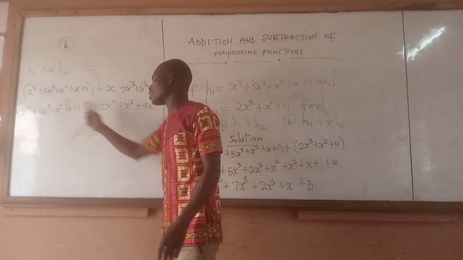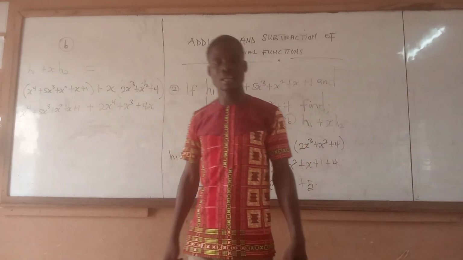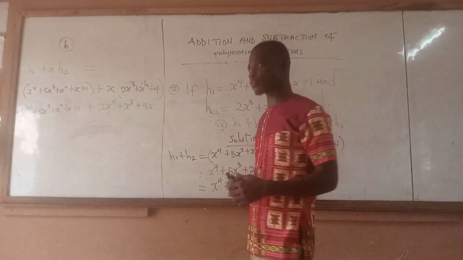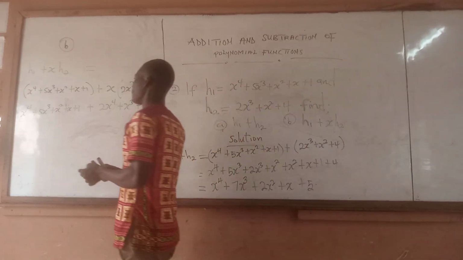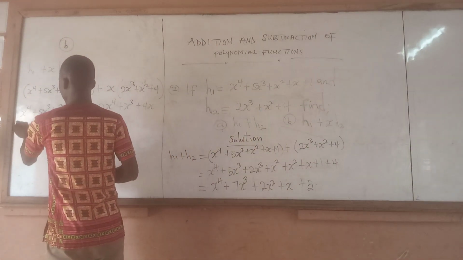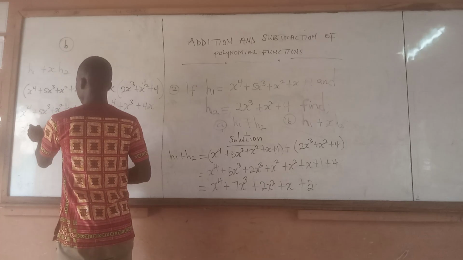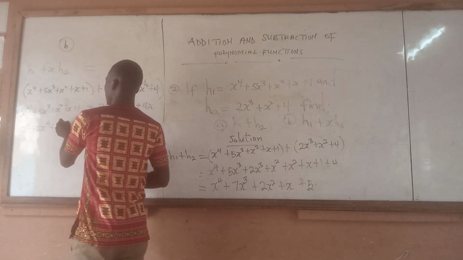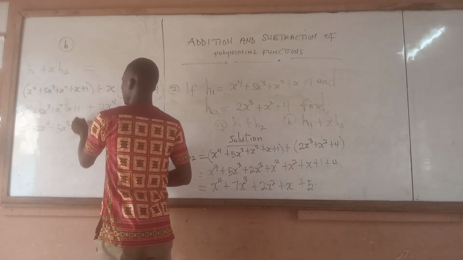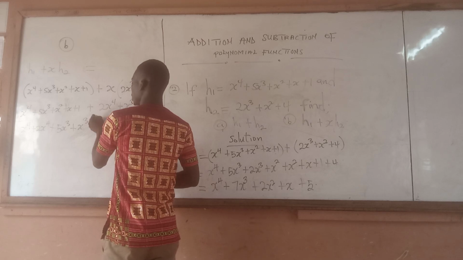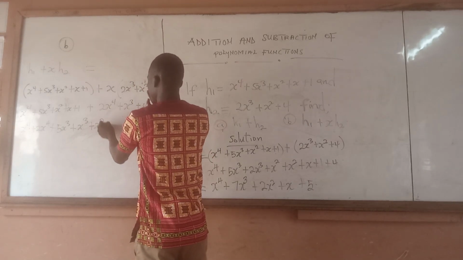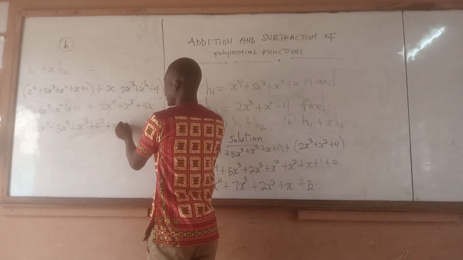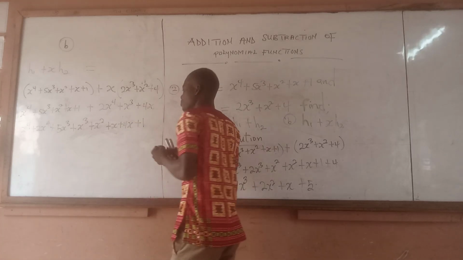Then we have another like terms there. So let's take our time and group the like terms for better understanding. So we have s power 4 plus 2s power 4 plus 5s cubed plus s cubed plus s squared plus s plus 4s plus 1.